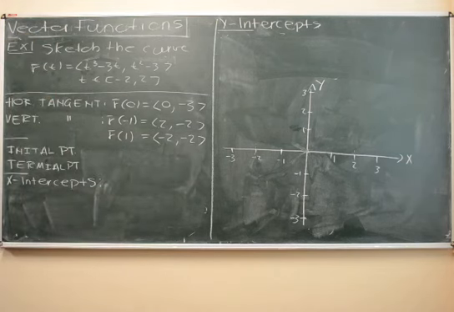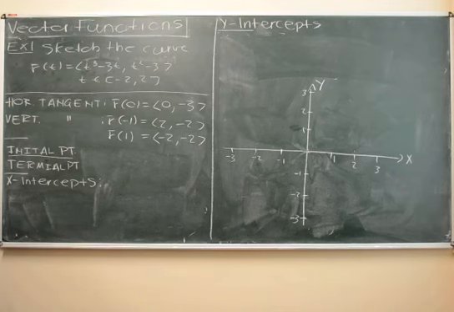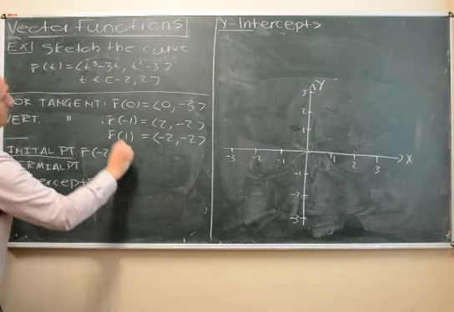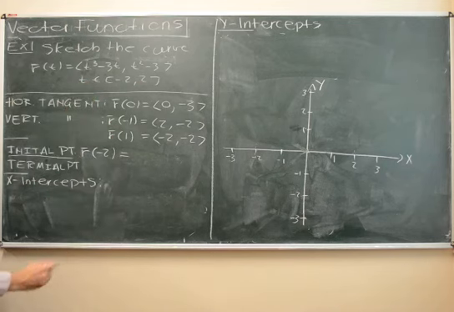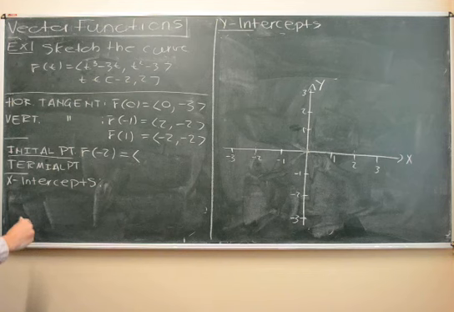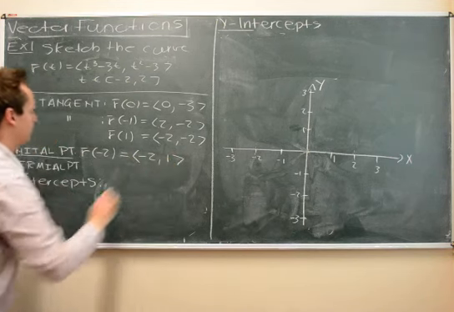Okay. So, next we need to see where our curve will start. So we need to find the initial point. We take the smallest value of t. We're looking for t in the interval [-2, 2], so the smallest value for t is -2. And that'll give us the point x is -2, y is 1.